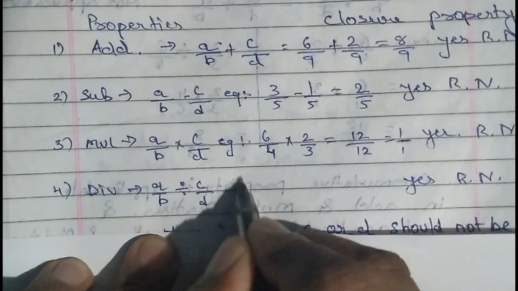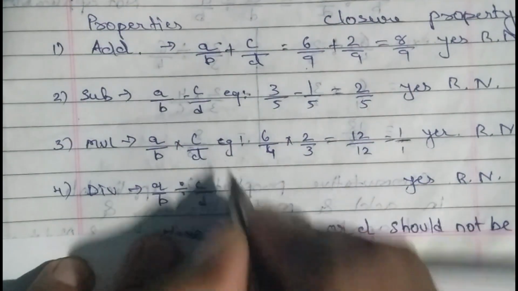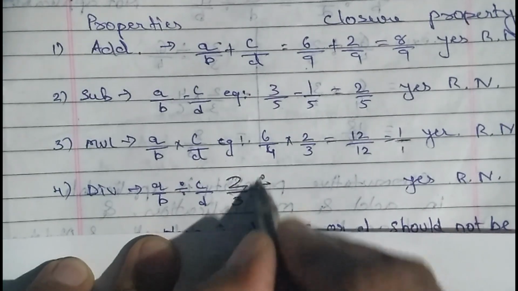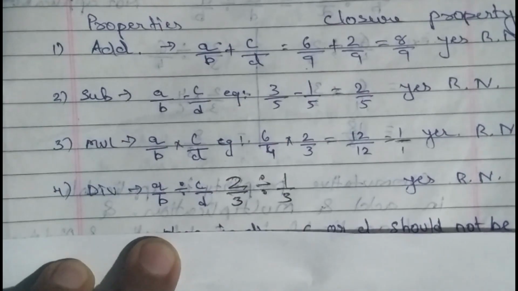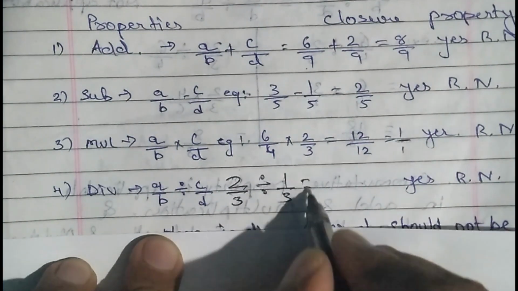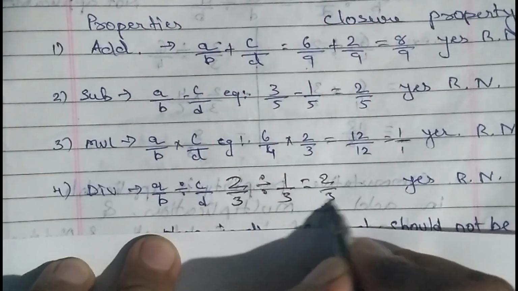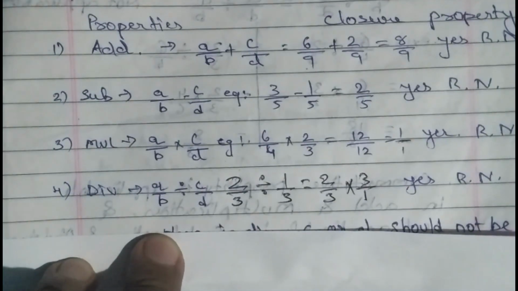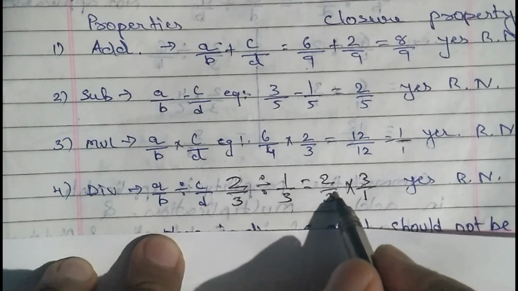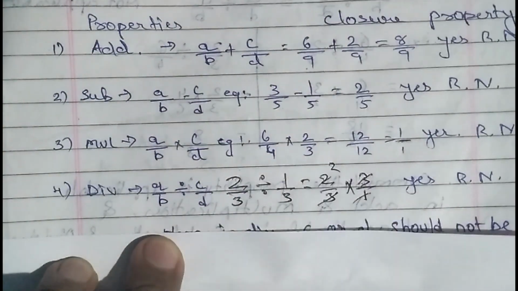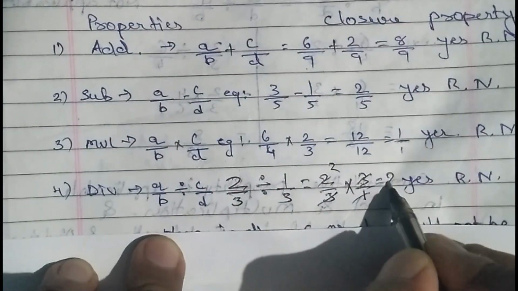that is 2 upon 3 divided by 1 upon 3. It can be written as 2 upon 3 multiplied by 3 upon 1, and what am I going to get? 1 2 is 2, and my answer is 2.